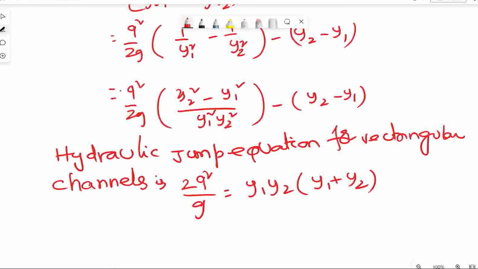So here it is q square by 2g, there it is 2q square. So I want to multiply this equation by 2 on numerator and denominator.